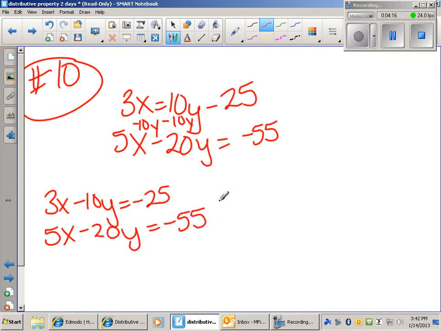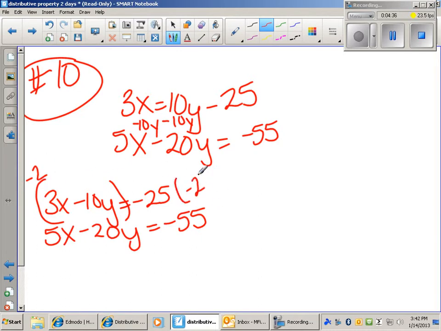So now I have everything written in standard form, but I need to figure out what I can eliminate. Now I could multiply both equations by something to get these x's to cancel out, or I notice if I just multiply the top equation by a negative 2, I'll be able to get rid of those y's.